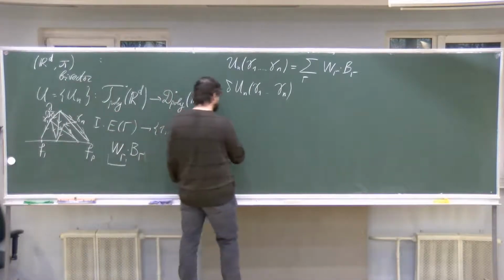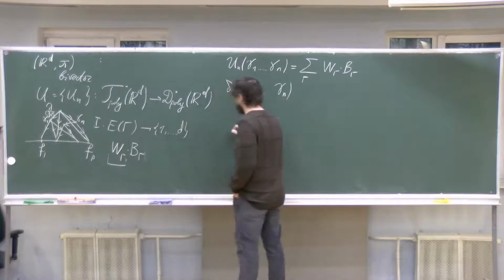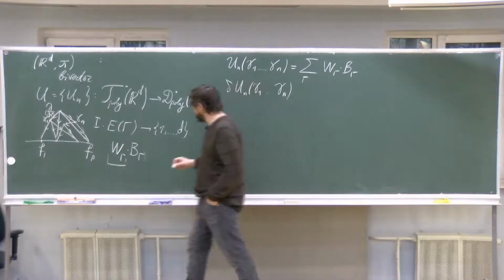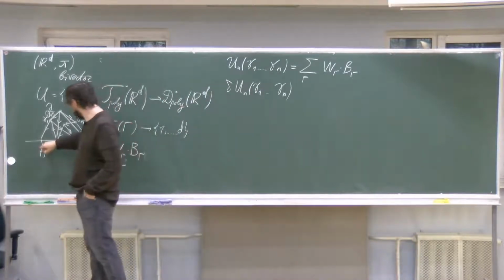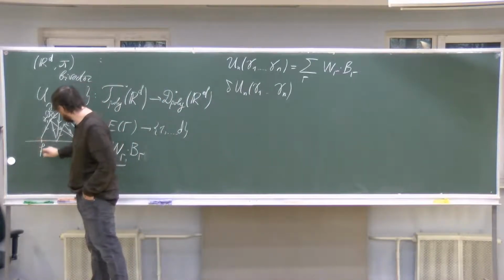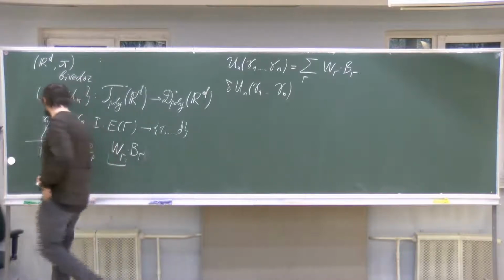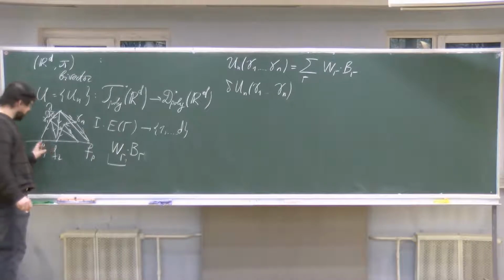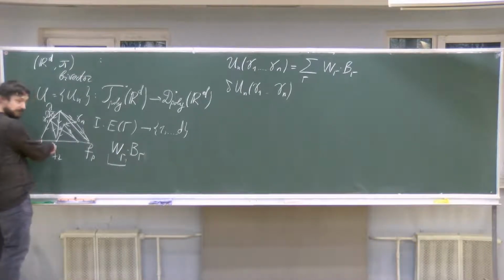Sorry, before I proceed, what is multiplication in the language of graphs? Multiplication is the boundary: the multiplication of the functions f_1, say, and f_2 corresponds to the boundary component of the configuration space where these two points collapse.